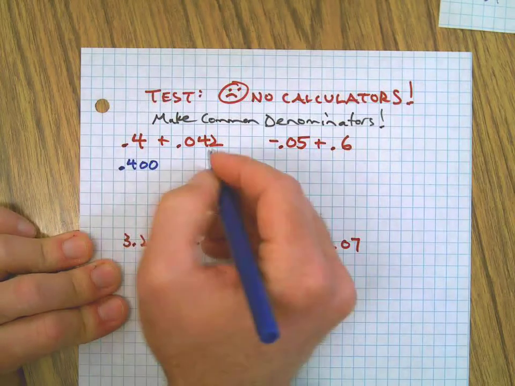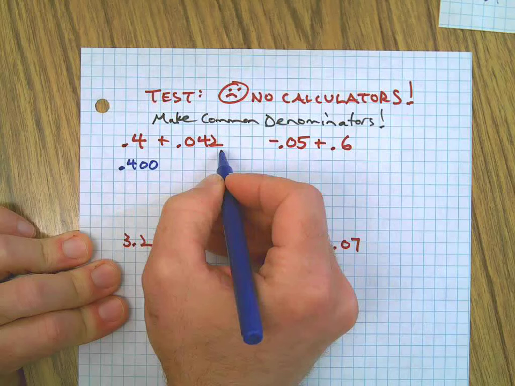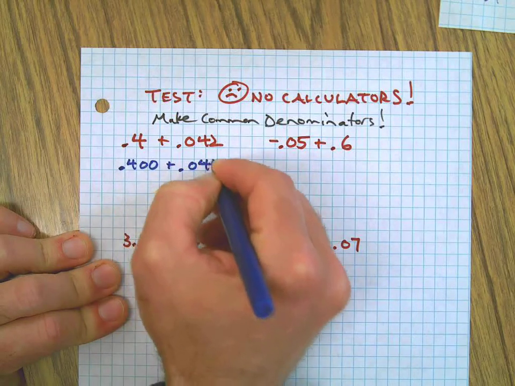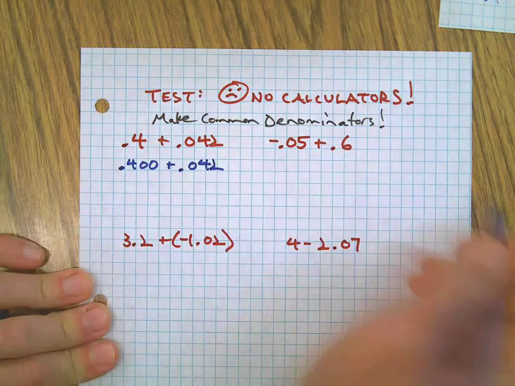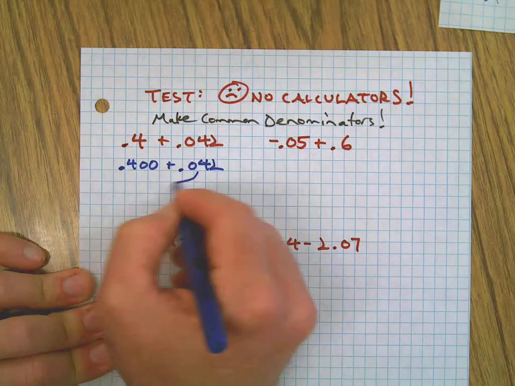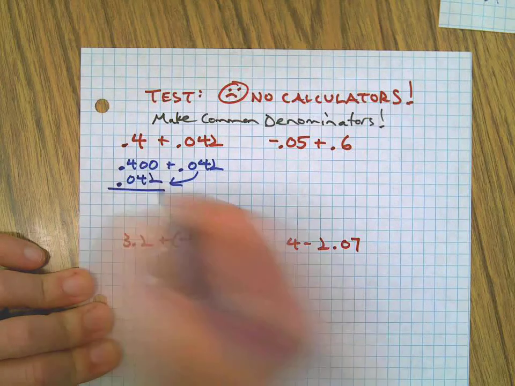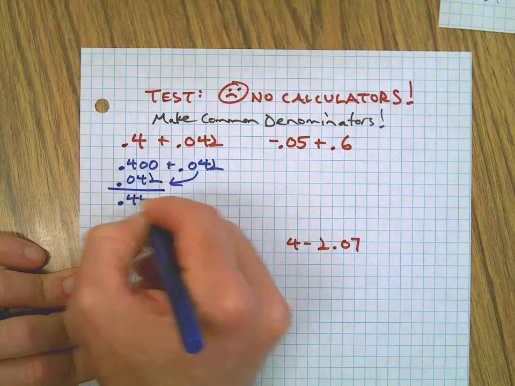I'm going to use the greatest number of decimal places I see. So since this one has 3, I need 3 over here to make this a simpler problem. Now, if you want to, you could line it up, right? You could put it over here and just line up the columns. Super easy, right?